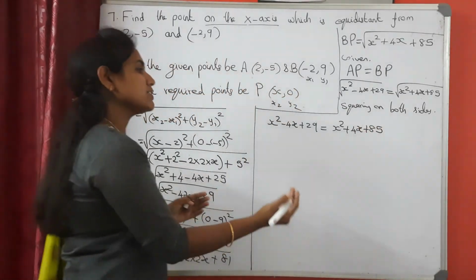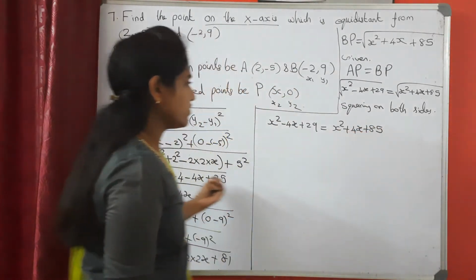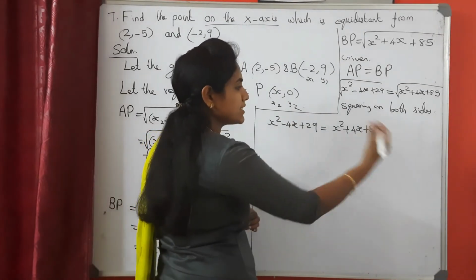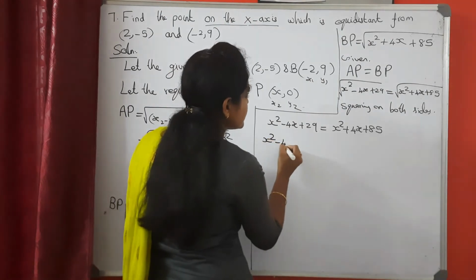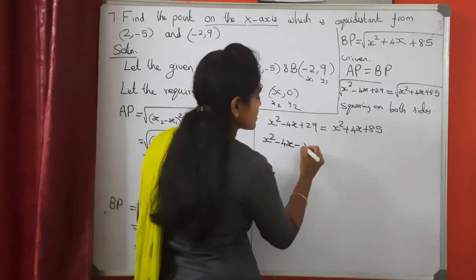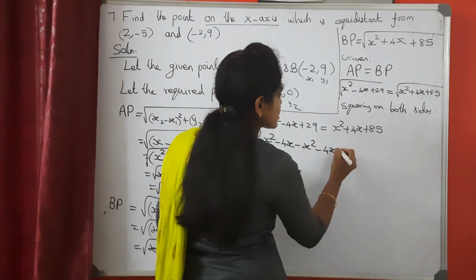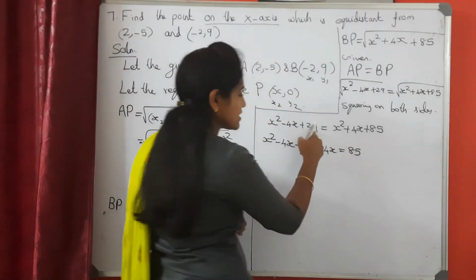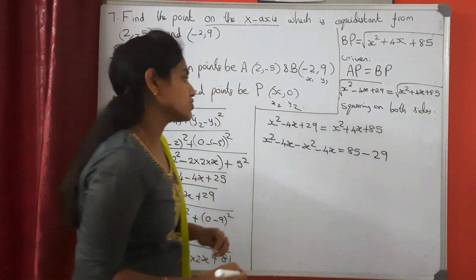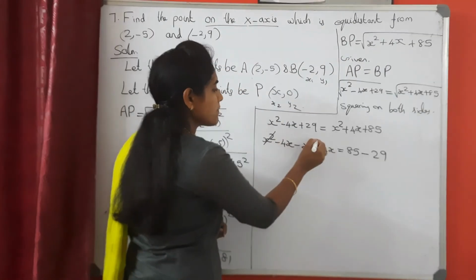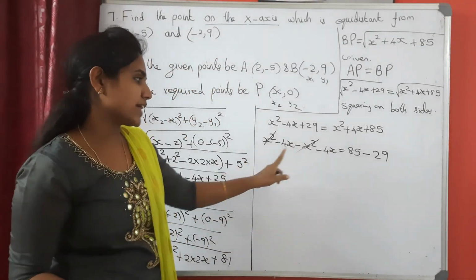Then take all the variables to one side. Constants on one side, variables on the other side. x square minus 4x minus x square minus 4x equals 85 minus 29. So x square minus x square cancel.